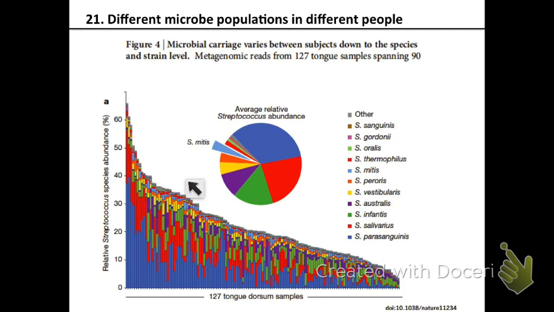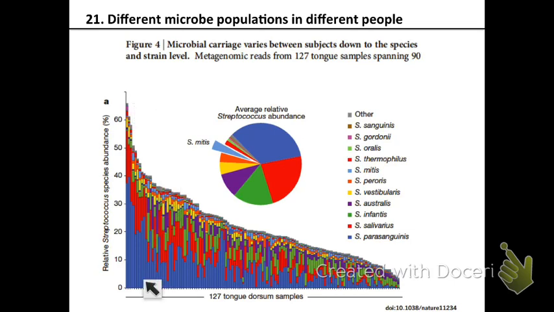The different species of strep are color-coded here, so that, for example, you know that this species of strep is this light blue right here, right? So you know that this species of strep here is very abundant in this sample, right? And the red Thermophilus strain is a little less abundant, etc. So you're looking at the relative abundance of each strep species in the sample, right?